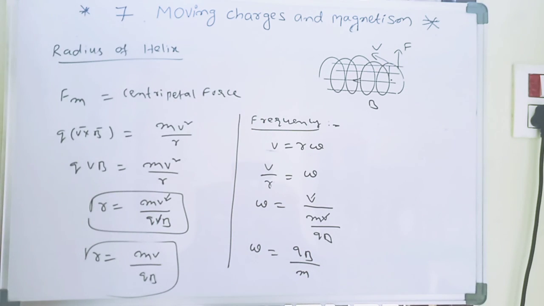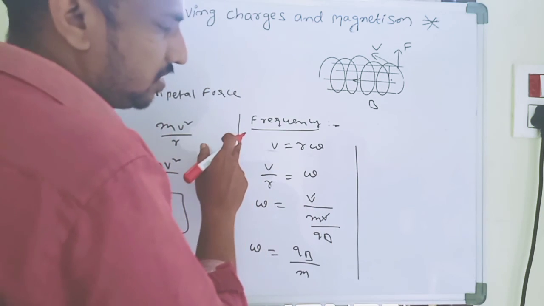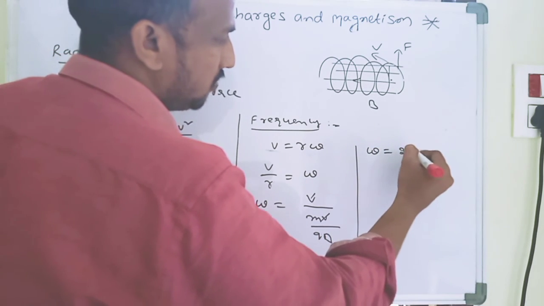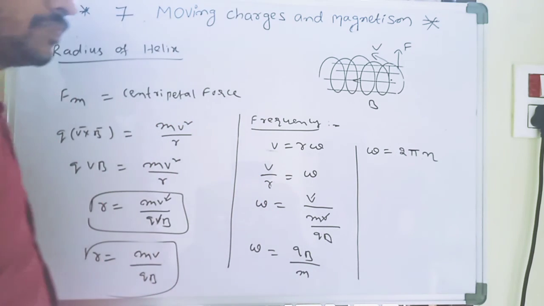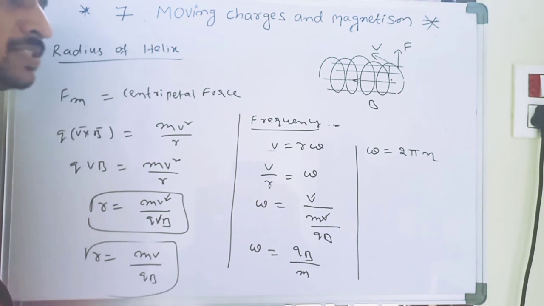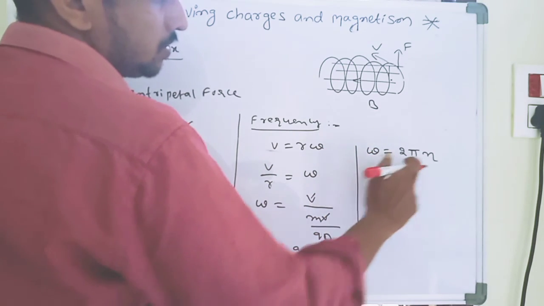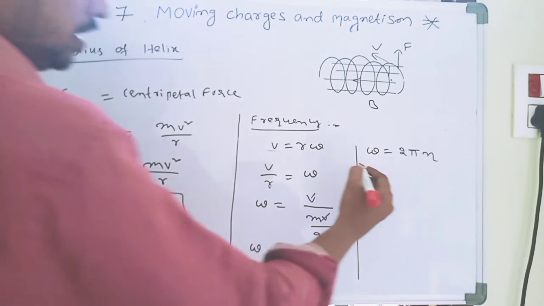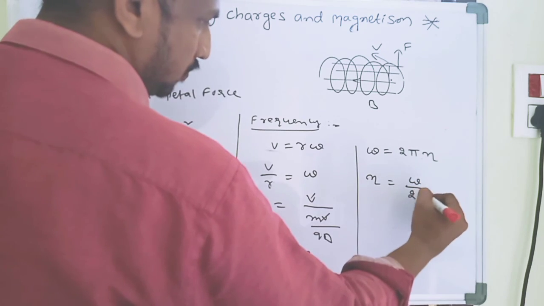But we want frequency. So omega is equal to 2 pi into n, where n is the frequency and omega is the angular velocity. Therefore n is equal to omega by 2 pi.